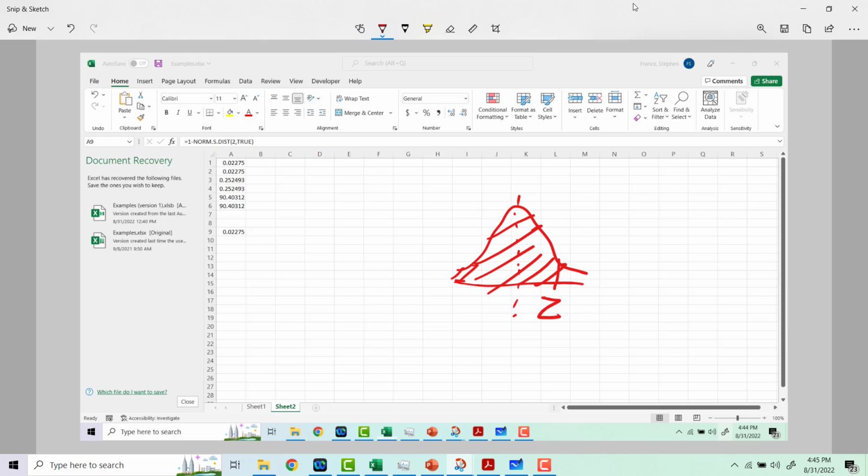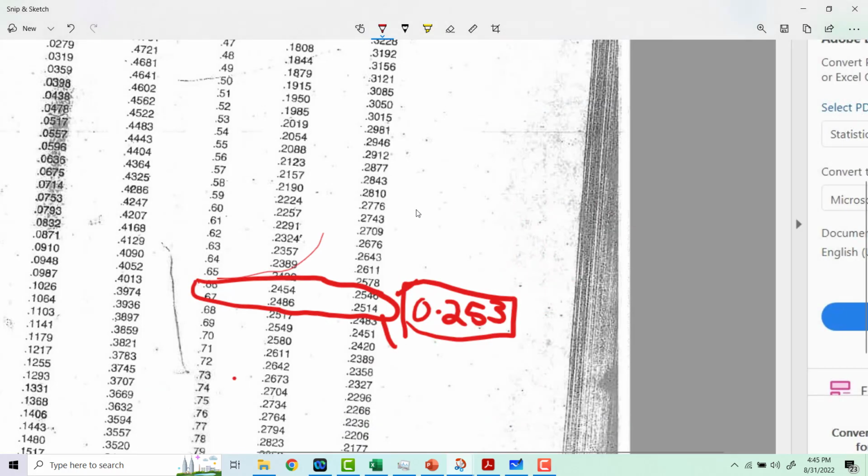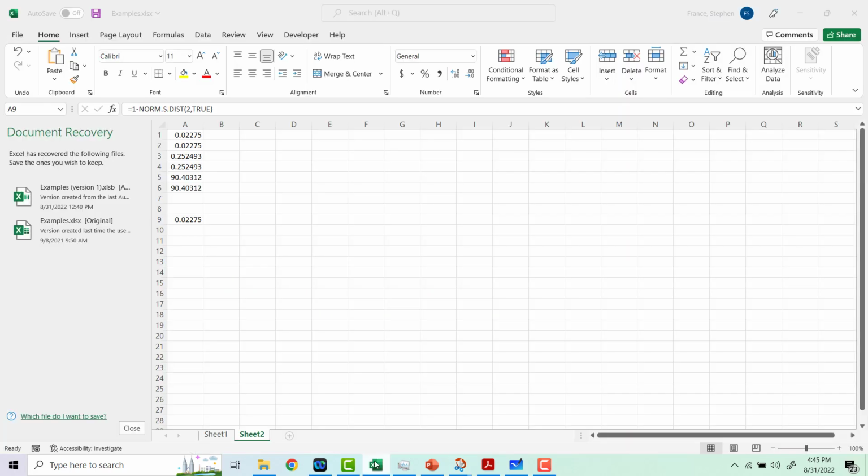So if we're looking for greater than z, then we have to do 1 minus this area. And this is actually more natural when it comes to how probability functions work. You look at cumulatively how much area there is up to your certain point, and then we want 1 minus this area. But that's just how Excel and some textbooks work.